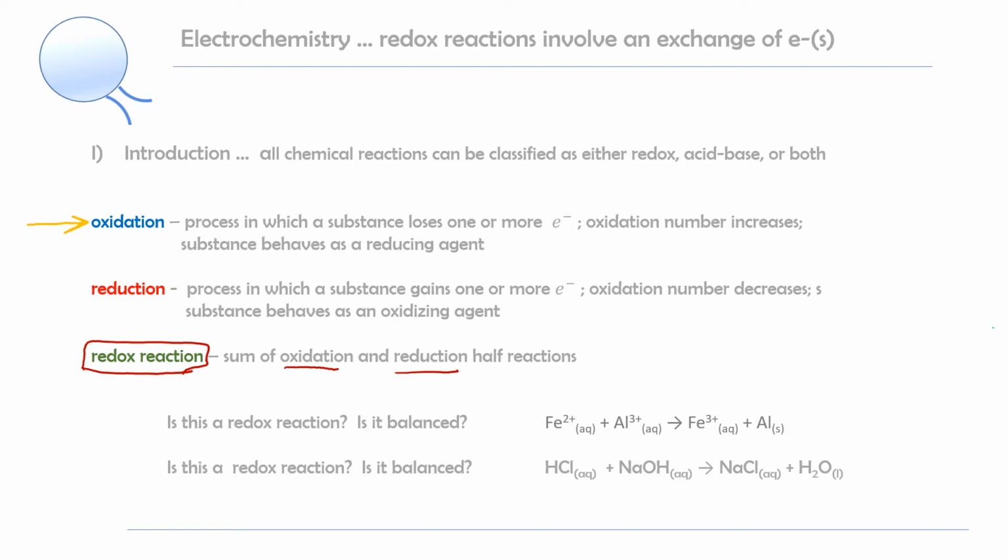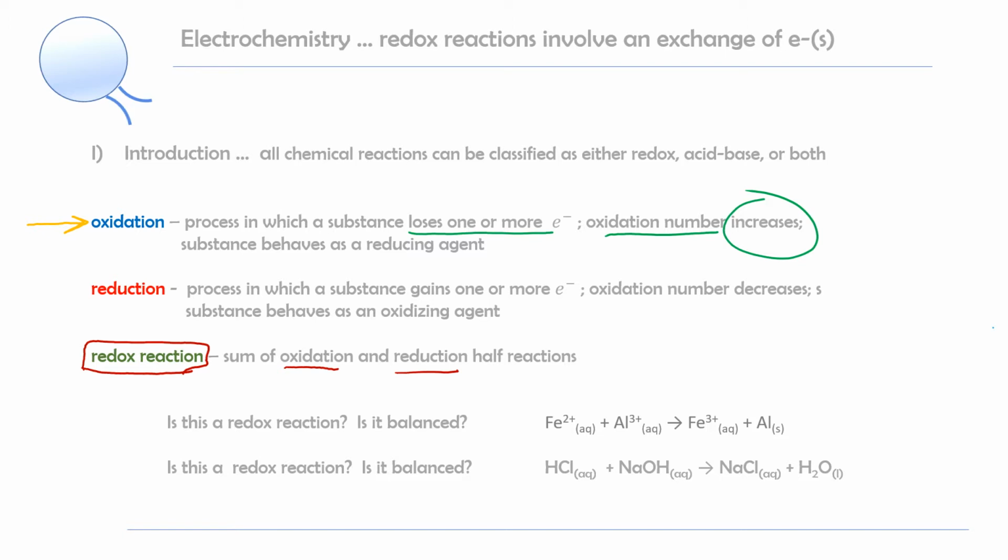Okay, what is an oxidation? This is the process where a substance is losing one or more electrons. And how we know something is losing one or more electrons, we have to go in and assign an oxidation number. And the substance or element that is experiencing an increase in oxidation number is the one that's undergoing oxidation.